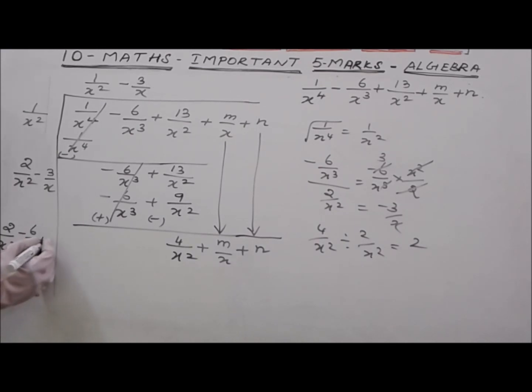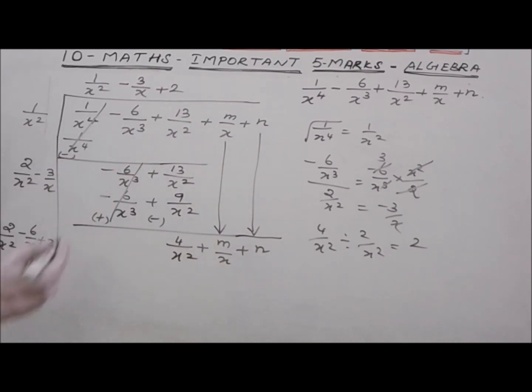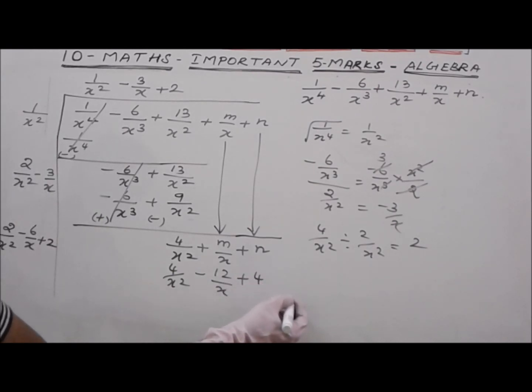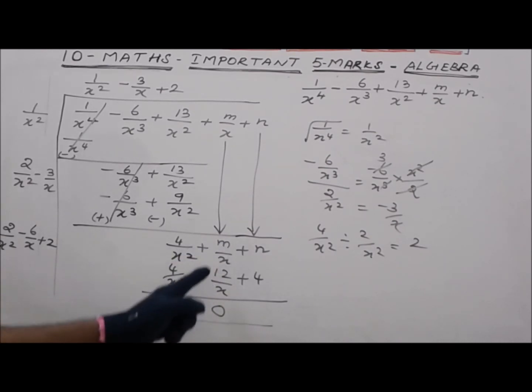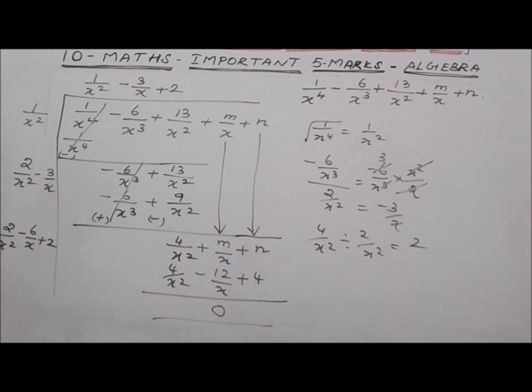Adding 2 here and in the quotient. Then multiplying by 2 all the terms, 4 by x square minus 12 by x, and then plus 4. And the given polynomial is a perfect square. So m should follow minus 12 and n should follow 4.